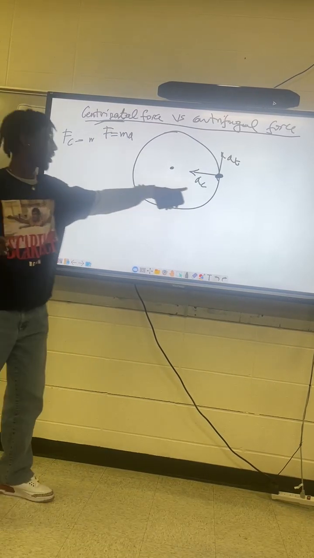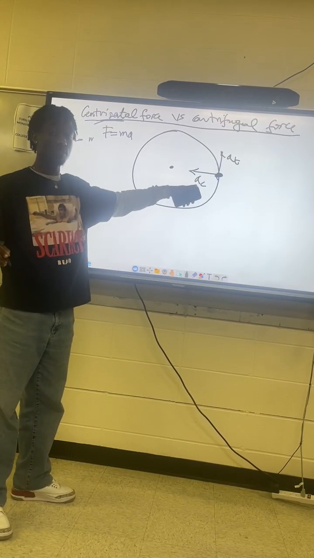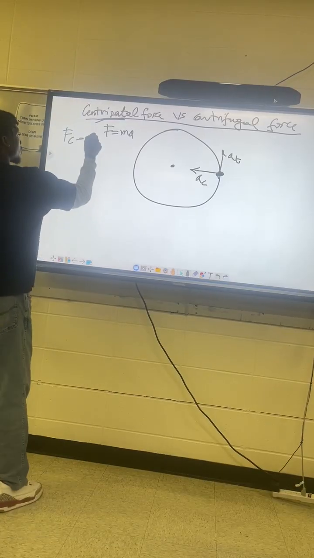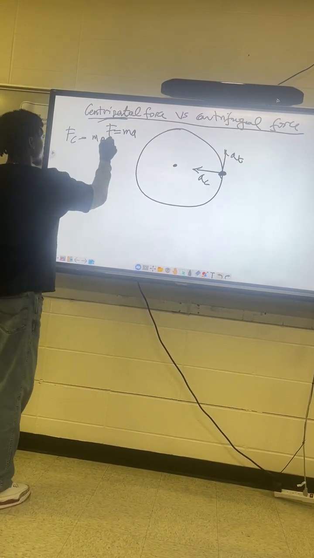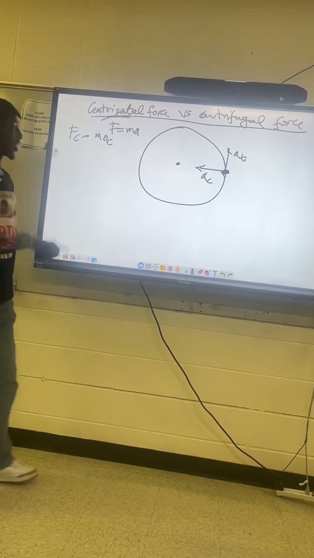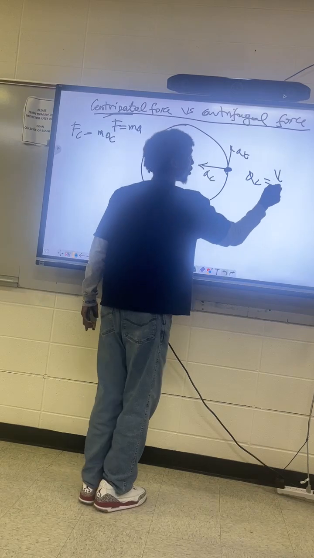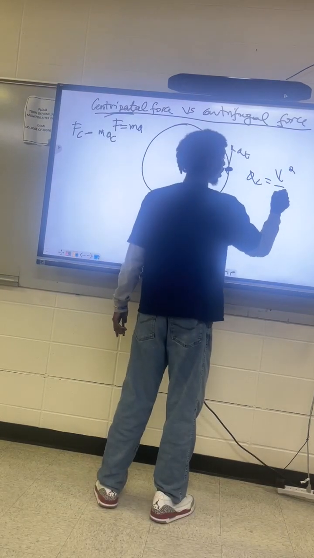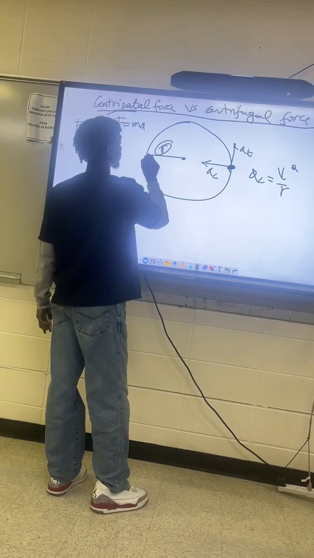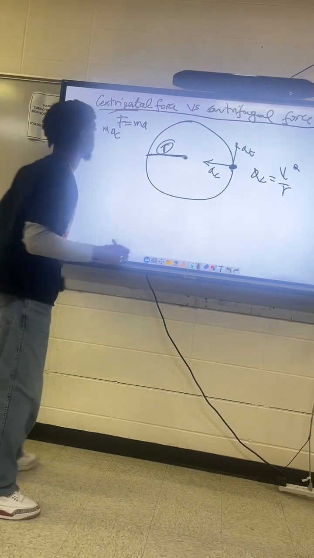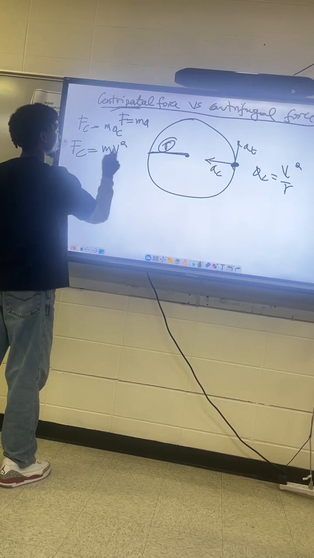An object moving in circular motion has a centripetal acceleration. But this is not a usual acceleration, this is a centripetal acceleration. And what is this acceleration equal to? Centripetal acceleration is equal to V squared over R, and R is the radius of our circle. So the centripetal force Fc is equal to mV squared over R.